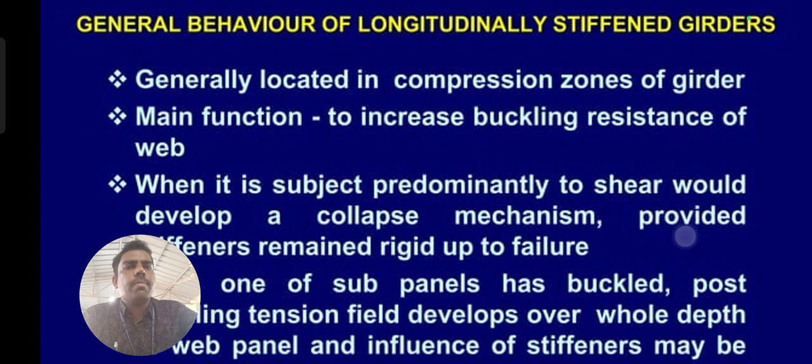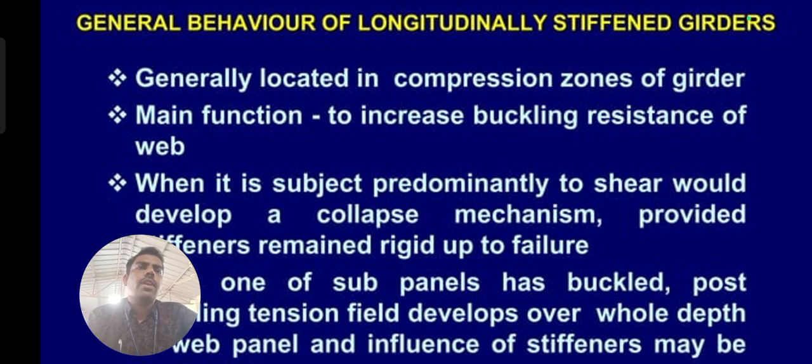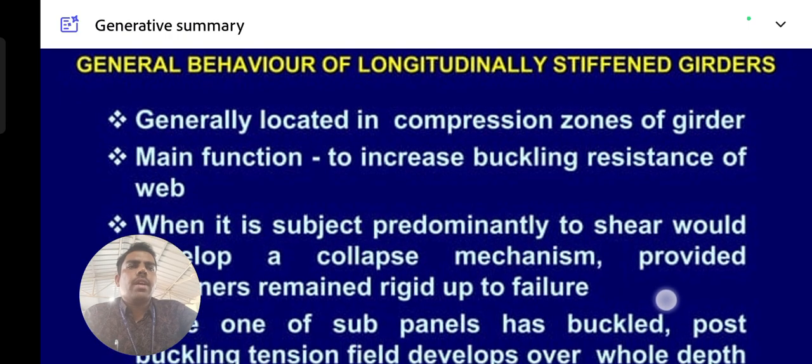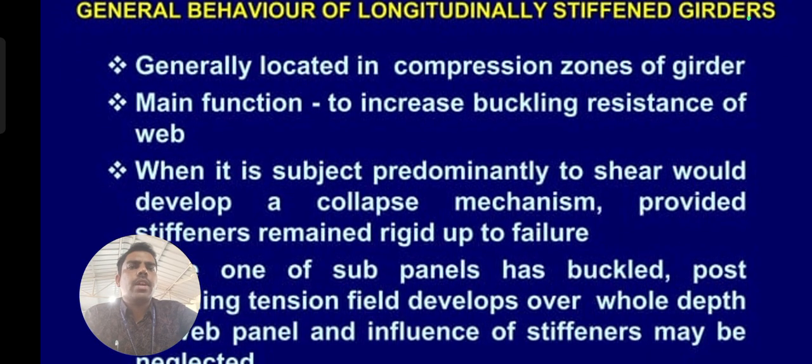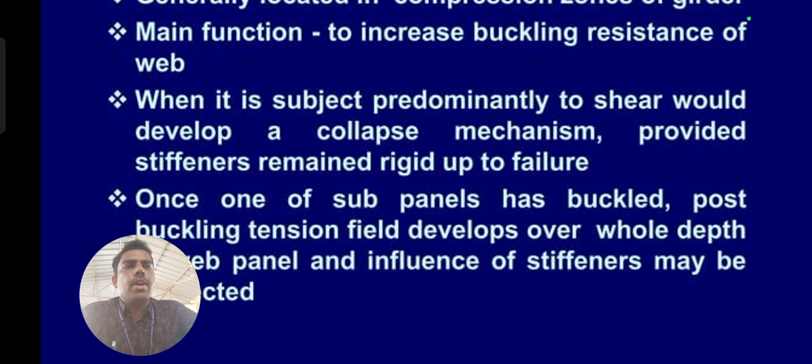See here, general behavior of longitudinally stiffened girders. First, you have to consider the compression zone of the girder. After that, the main section of that particular location is the web. It increases the buckling resistance of the web portion, and predominantly under shear it would develop a collapse mechanism, provided the stiffeners remain rigid up to failure. Why?